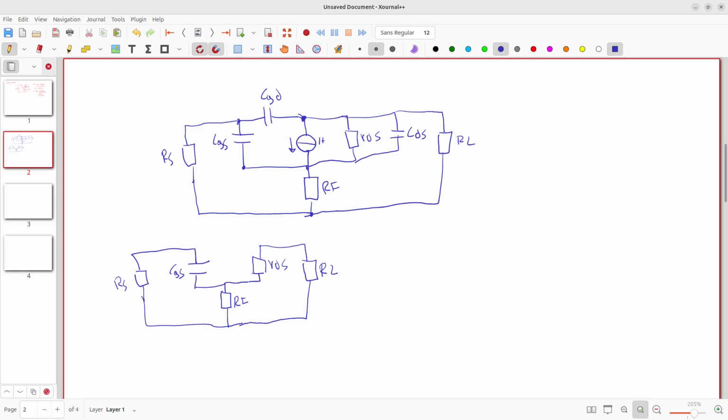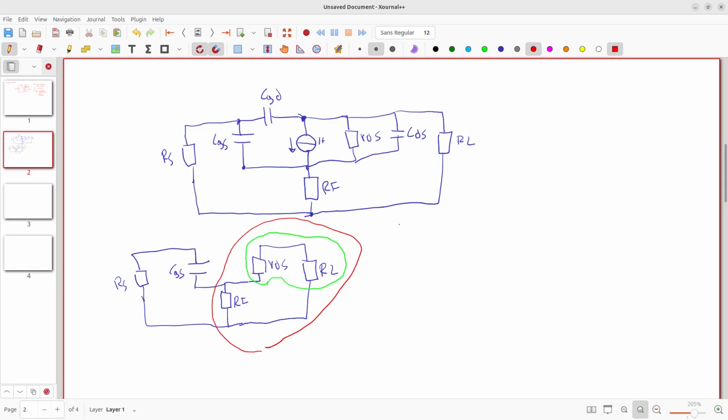I need to find what is the resistance that capacitor CGS is facing. The first thing I can notice is that these two resistors are in series, so I have to add them first, and then these ones are in parallel here, and at the end RS is going to be in series with all that.